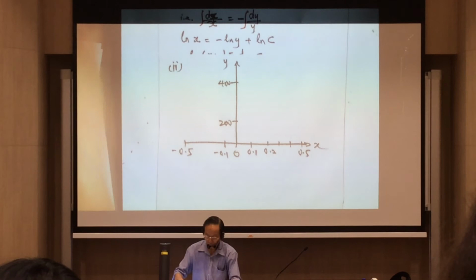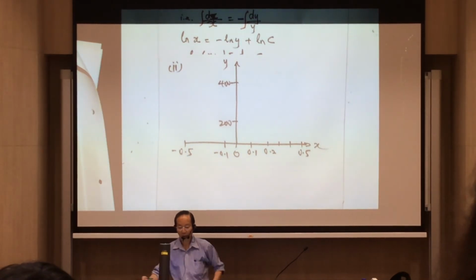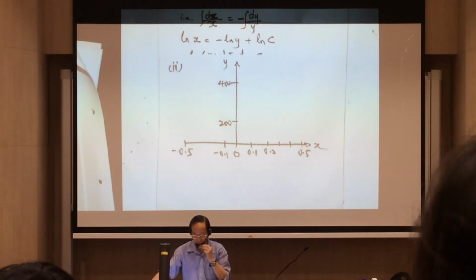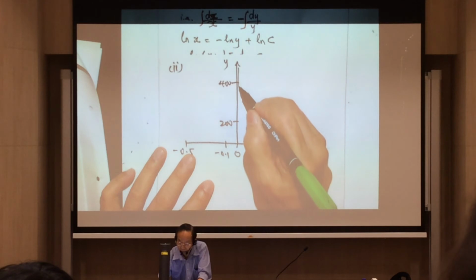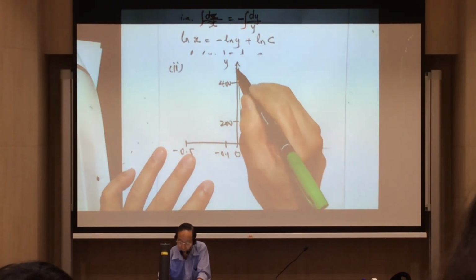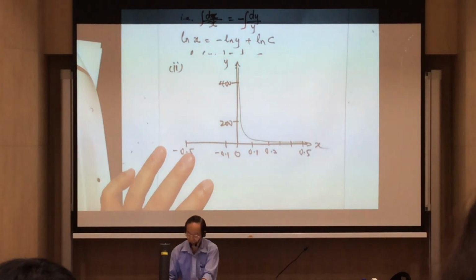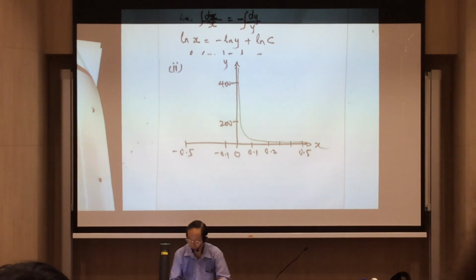If you were to plot the streamline using the streamline relation, x times y is equal to c, you should be able to get streamlines like this. This could be a certain value of c.